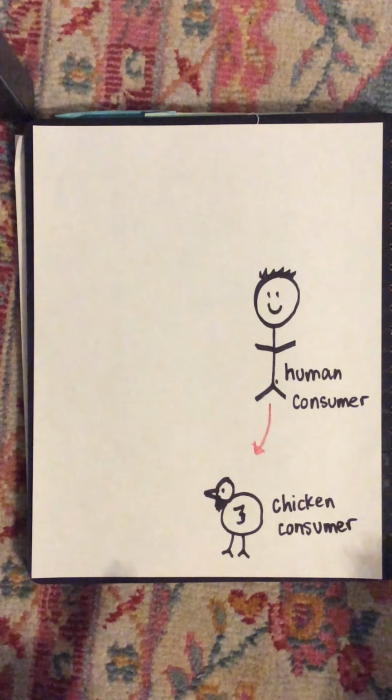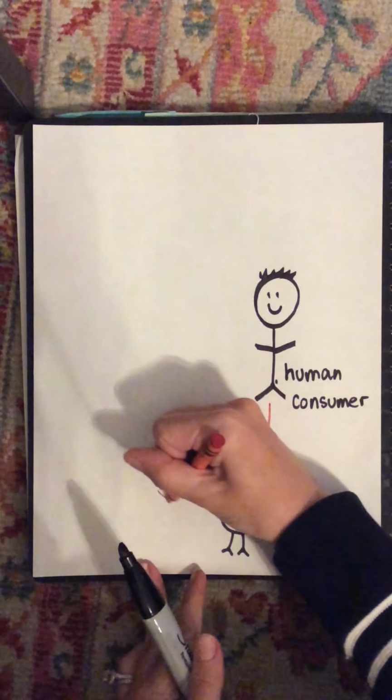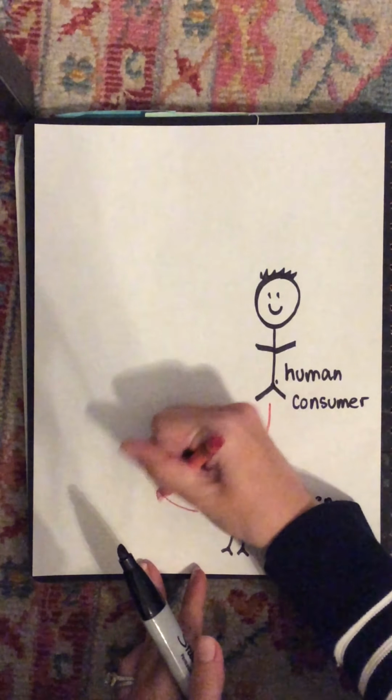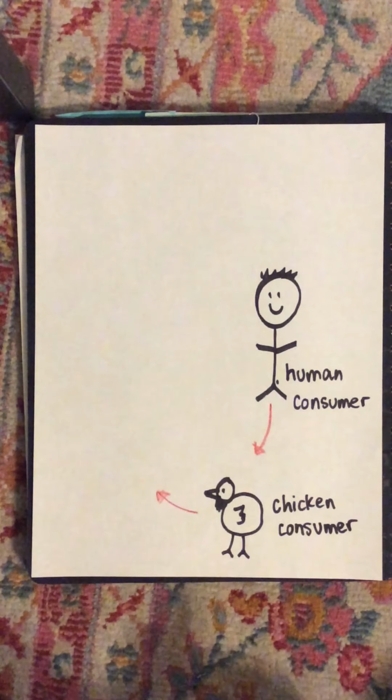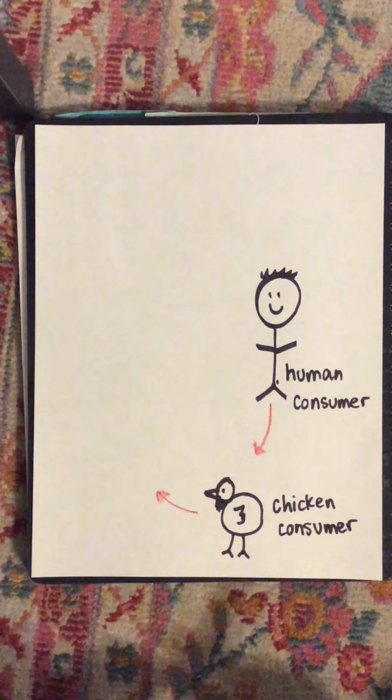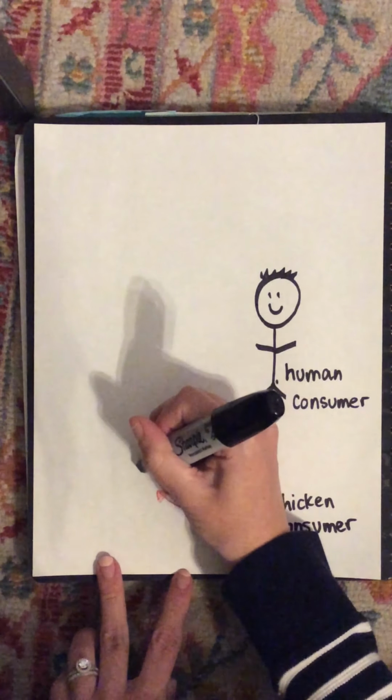Do we know what chickens eat? Most chickens, if they're in the wild, like to nibble on things like insects, maybe some worms from time to time. So we're just going to draw a little insect on our food chain.